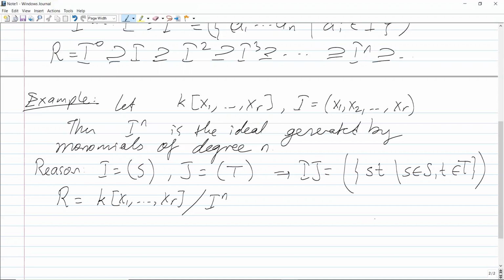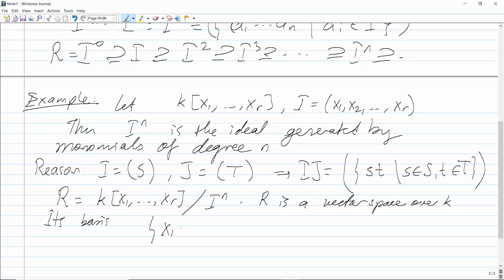Then this is a vector space over K, over the field K, and the basis of it is as follows.